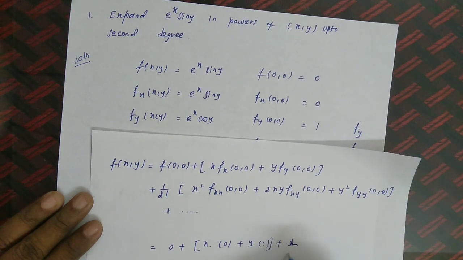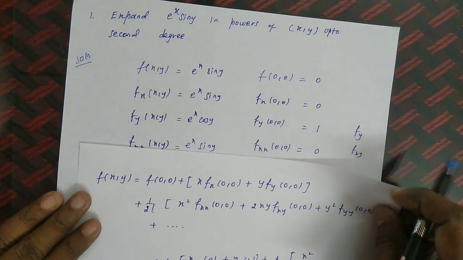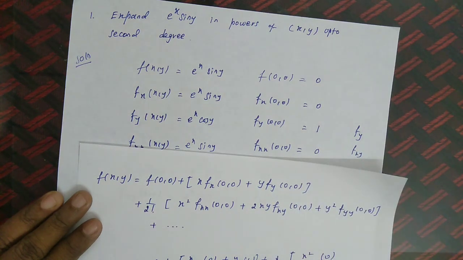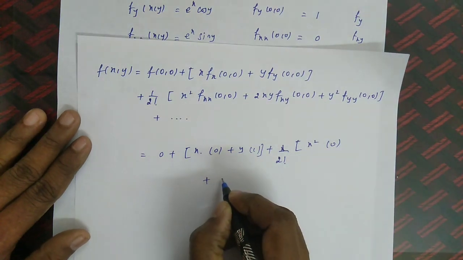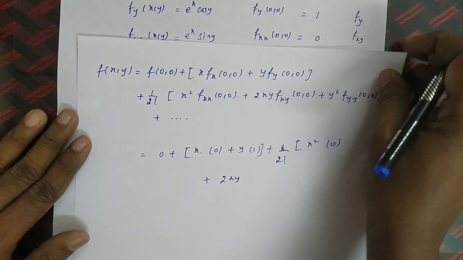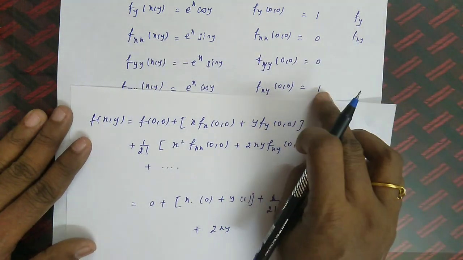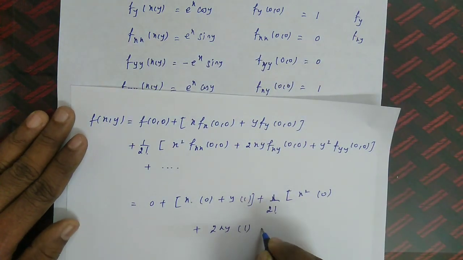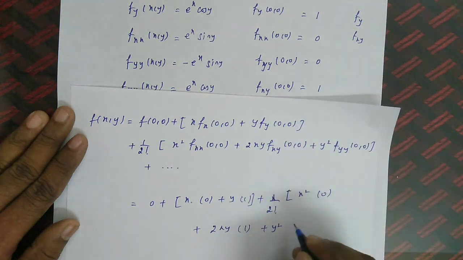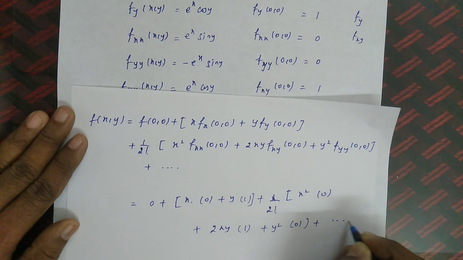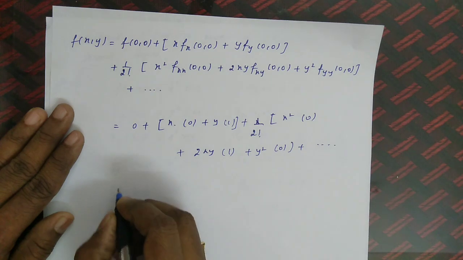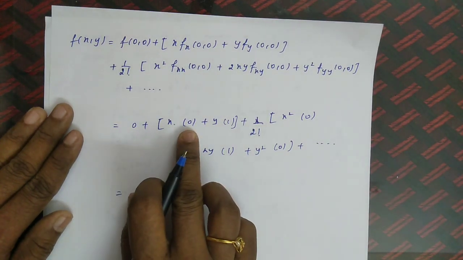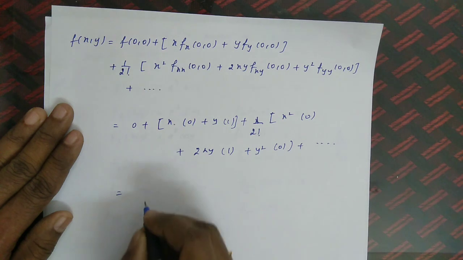Then 1 by 2 factorial into x square fxx 0 comma 0, that is 0, plus 2xy into fxy of 0 comma 0, fxy of 0 comma 0 is 1, okay, plus y square into fyy of 0 comma 0, that is 0, plus etc. Okay, without fail we are supposed to write plus etc. Okay, so which is equal to, first term is 0 and 0 into anything is 0, then here we are having only y.